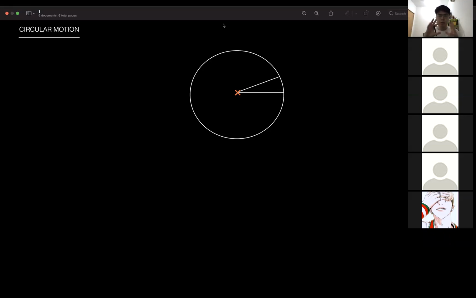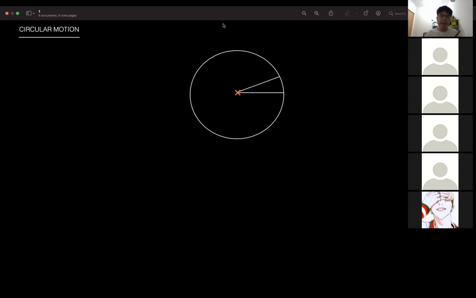Okay, so the Earth rotating around the sun, or the rotation of the clock hand when it makes one revolution, or any moving object moving in circular motion, or the rotation of the Earth along its own axis.